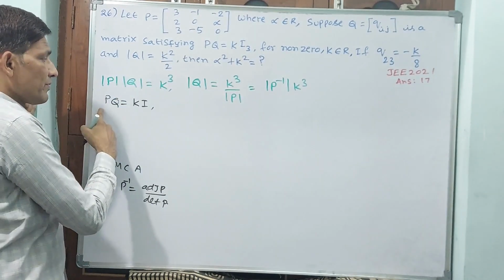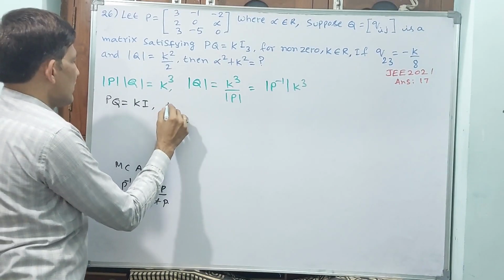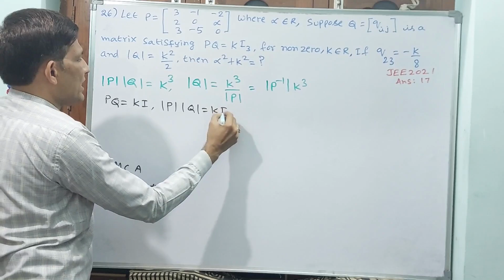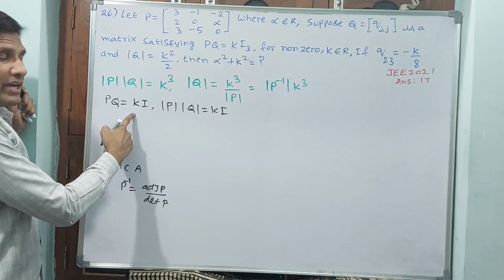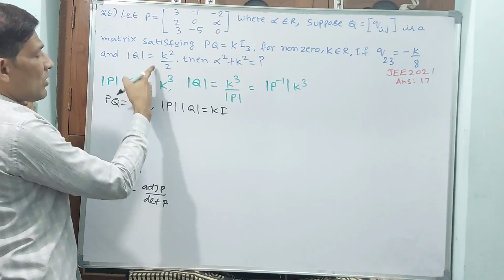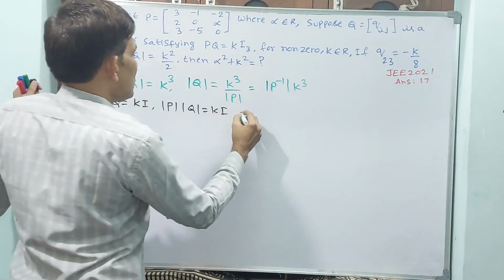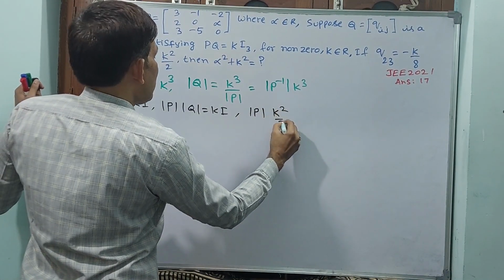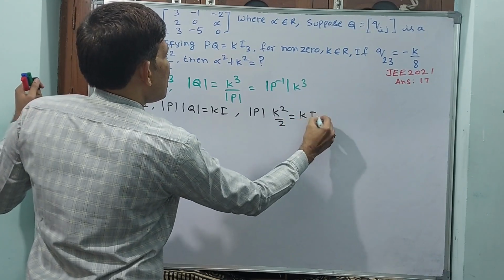Now see what we will do. Determinant of P into determinant of Q is equal to KI. Now determinant of Q I will substitute as K square by 2. That means determinant of P into K square by 2 is equal to KI.